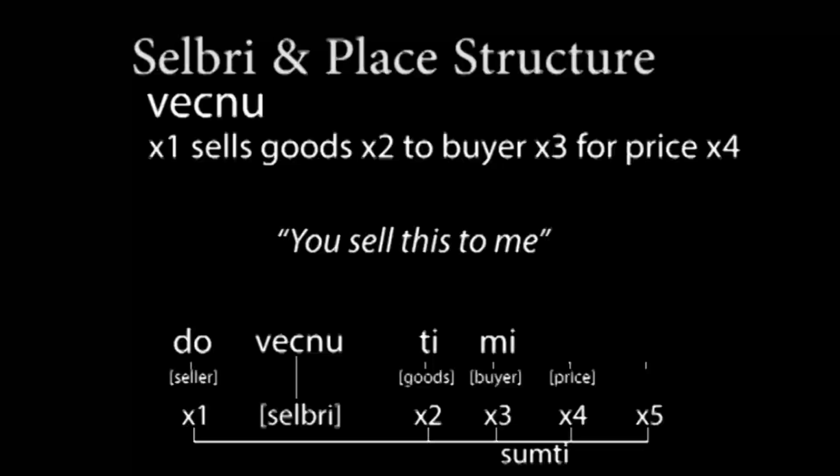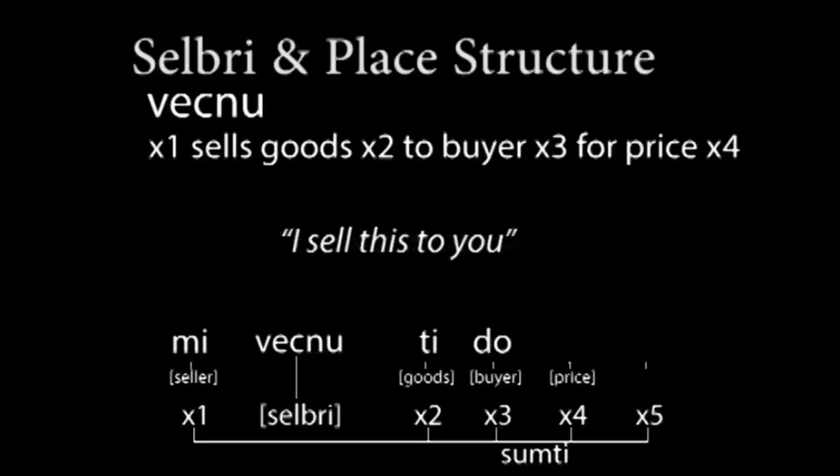Of course, if we again reverse the positions of the sumti, mi and do switch roles, and the translation changes to, I sell this to you. Regardless of the specific sumti that appear in the bridi, the selbri is always the blueprint for the proposition. The sumti assume the roles as assigned by the selbri predicate, and the result is the message communicated by the bridi.